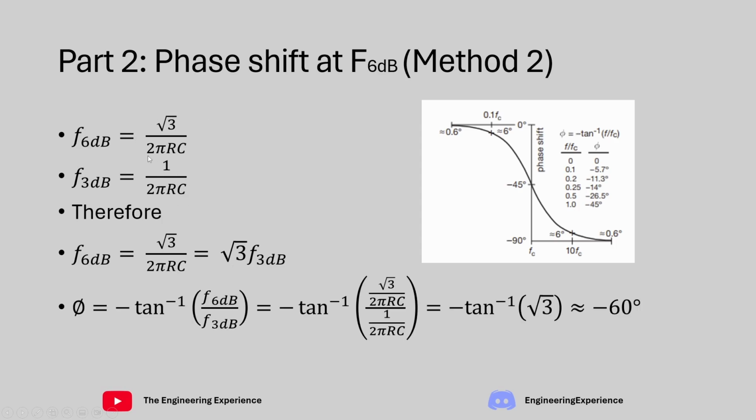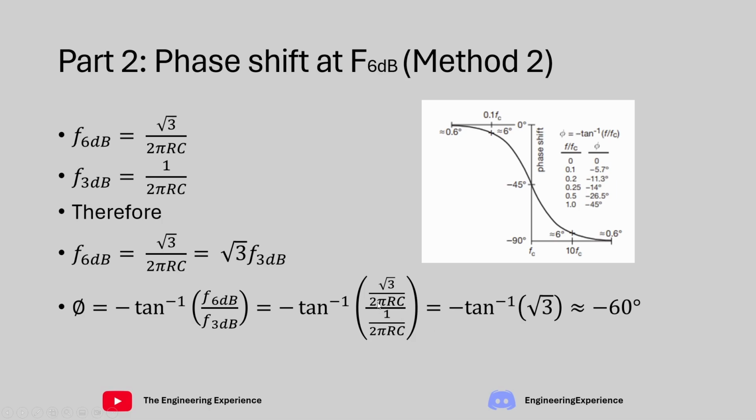Now, if we put both of these into this equation so that our F is the 6 dB point and our FC is the 3 dB point, we can basically rewrite the equation that's given here as this equation here. So you notice on the top, we've got this equation, and on the bottom, we have this equation. So the phase shift is equal to the arctan of the 6 dB point divided by the 3 dB point.